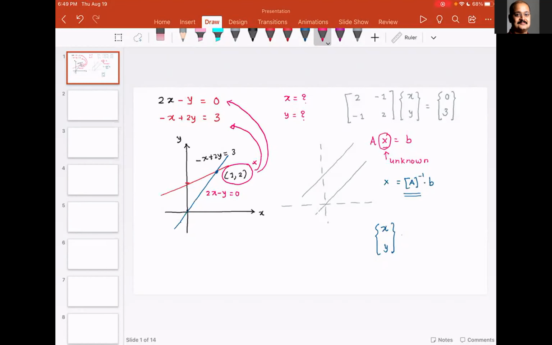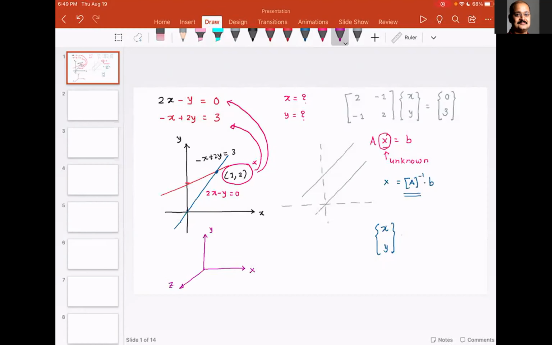Now, if I were to add a third variable, so x, y, and z, this problem can be described in three dimensions. And the idea is the same.